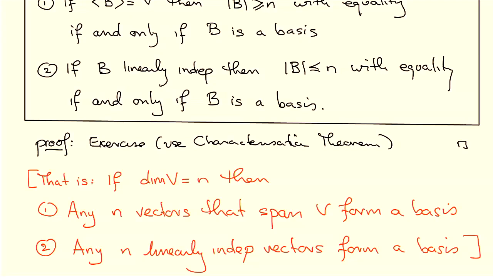Conversely, if the n vectors are linearly independent, then they're automatically a spanning set and form a basis. So once you know the dimension and you've got the right number of vectors, only one of the two conditions of being a basis is important. And that just comes from the characterization theorem of minimal spanning sets, maximal linearly independent sets.